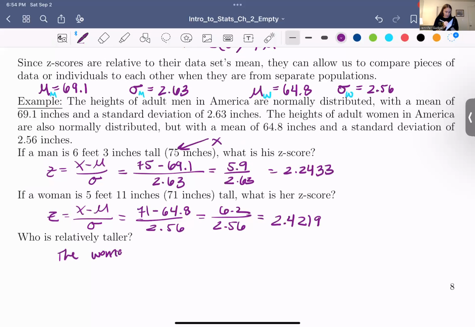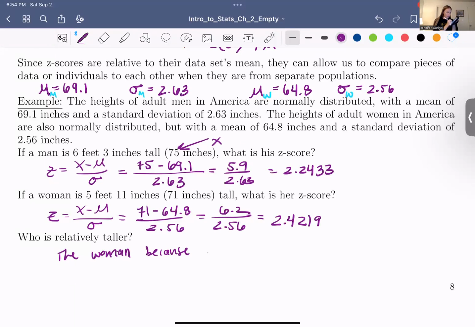and that's because her z-score is further away from the value 0. 0 is the mean. So if you have a bigger number, that means she's higher above the average. If you have a larger negative, so if this had been like -1 and -2, well, -2 would be more below average than -1. It's the further from 0, essentially.